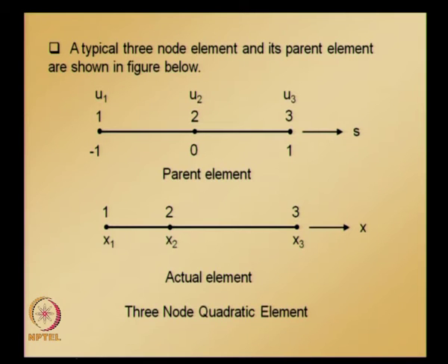So, the portion between x1 and x2 is mapped to -1 to 0 in the s coordinate system, and whatever is between x2 and x3 is mapped to 0 to 1 in the s coordinate system.